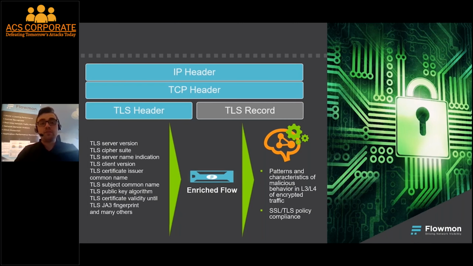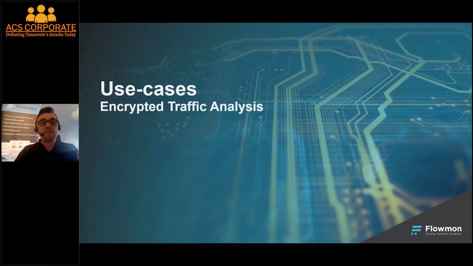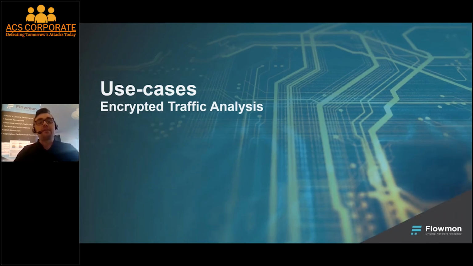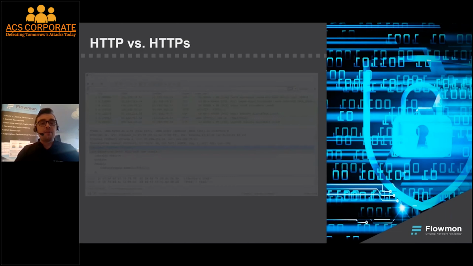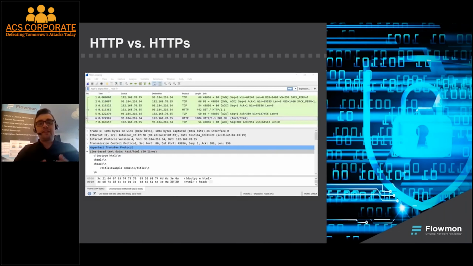And let's see which use cases are covered in the encrypted traffic analysis. First of all, it's good to realize the differences between HTTP and HTTPS. I believe that you know the theory behind it, but let's be quite explicit here. This is a screenshot from Wireshark, where we can see which information is visible in the raw network data when using HTTP.